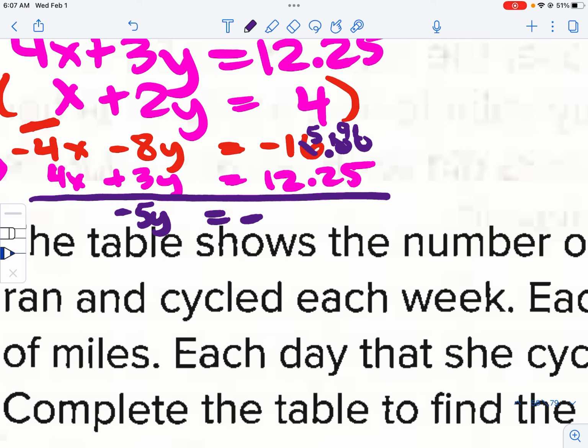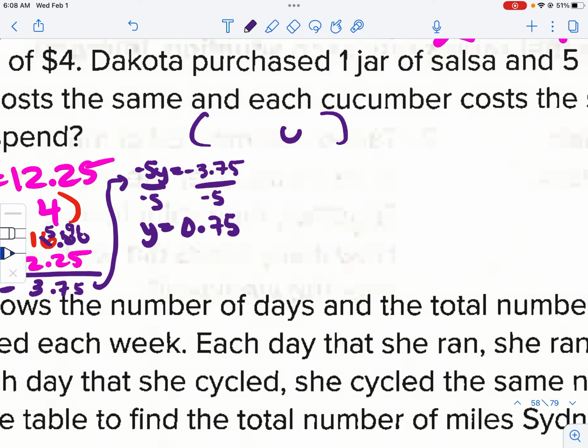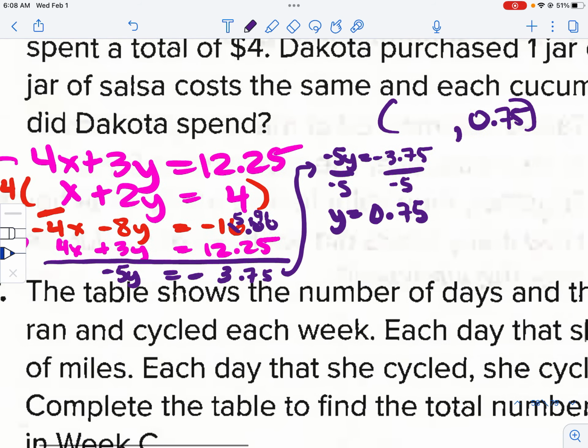So I divide by -5. Y equals, the negative divided by a negative is a positive. 5 doesn't go into 3 evenly. 5 goes into 37, 7 times, so it's 75 cents. So y is 75 cents.